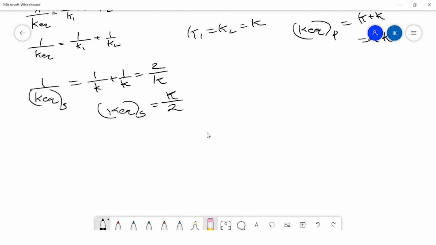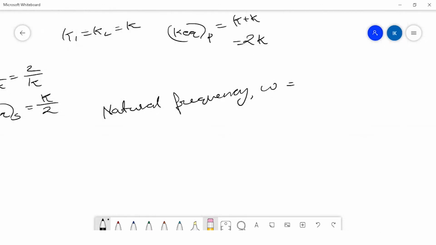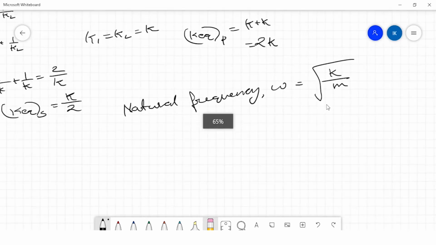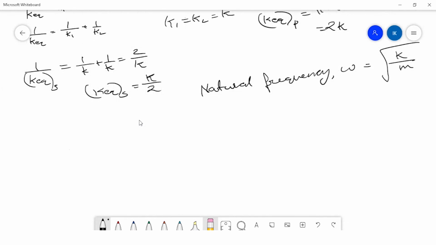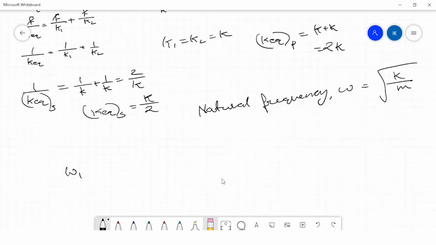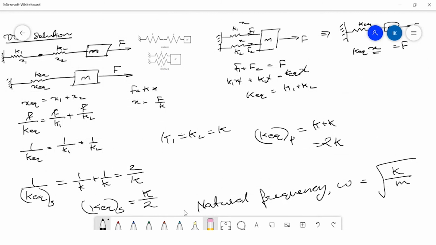Then the natural frequency omega is given by under root K by M, where K is the stiffness of the system and M is the mass of the system. Omega 1 is the natural frequency of system 1. System 1 is the series connection.